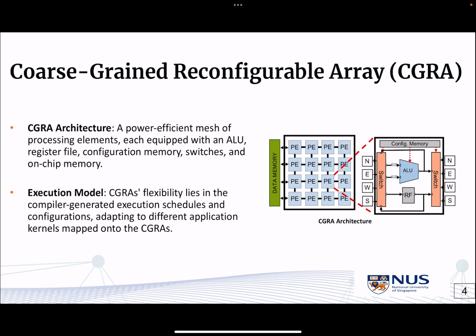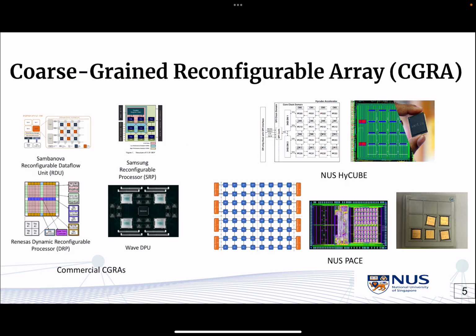It runs through a schedule and configurations, which are compiler generated and adapted to the different application kernels mapped onto the CGRA. These execution schedules or configurations are kept in the configuration memory, and at runtime these configurations are cycled through to repeatedly execute those instructions.